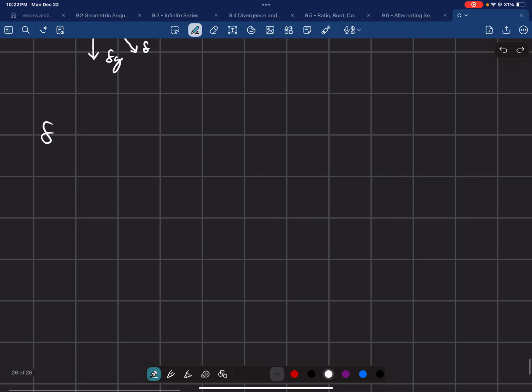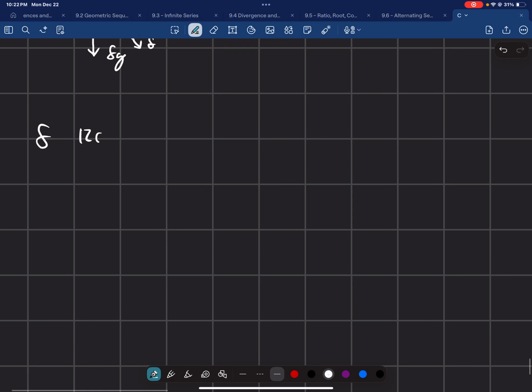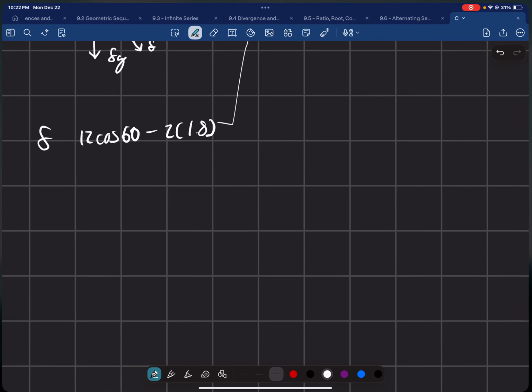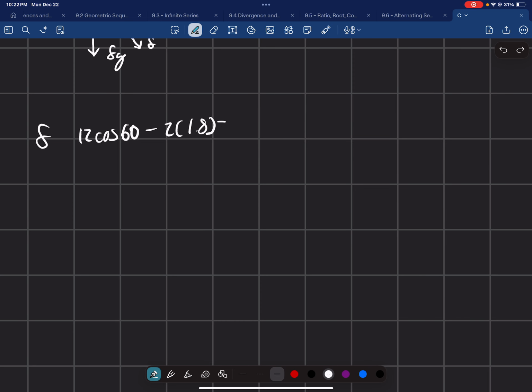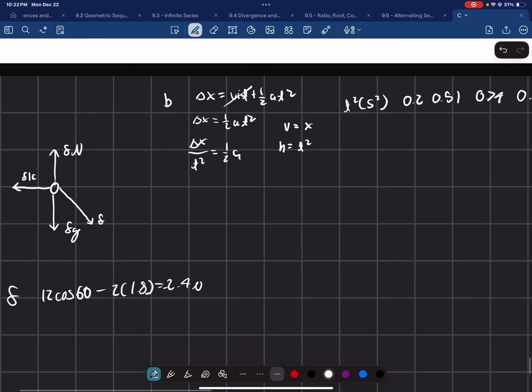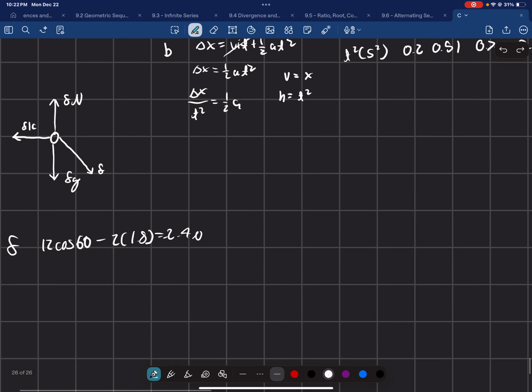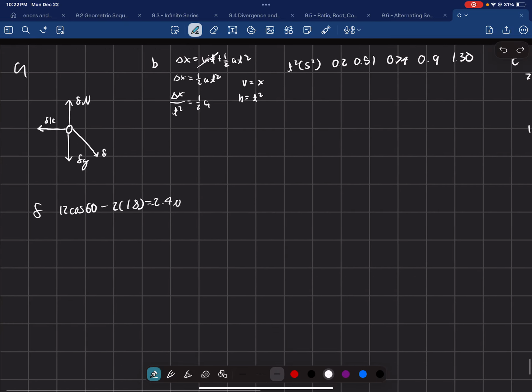It would be 12 cosine 60 minus 2 times 1.8, and this gives us 2.4 newtons. This would be negative because the box is accelerating rightward, and the force of friction would be resisting it.